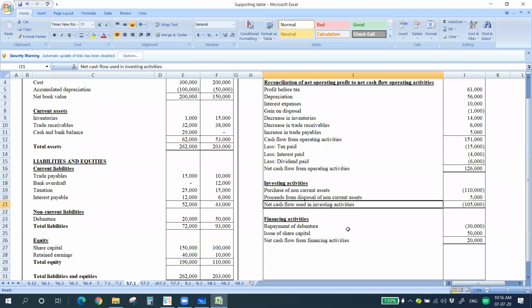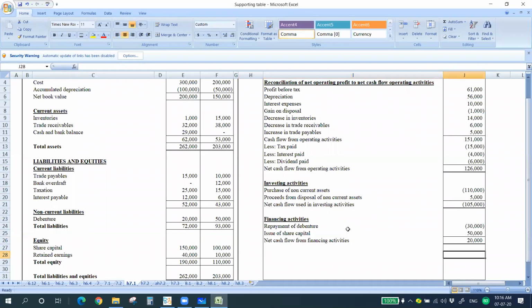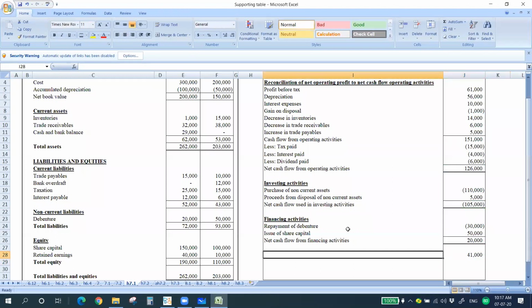So we can do the total of your operating cash flow plus investing activity cash flow and your financing activity cash flow, which is a positive 41. Meaning what?